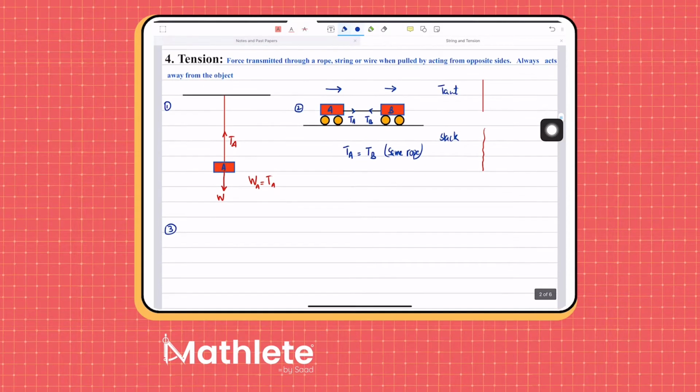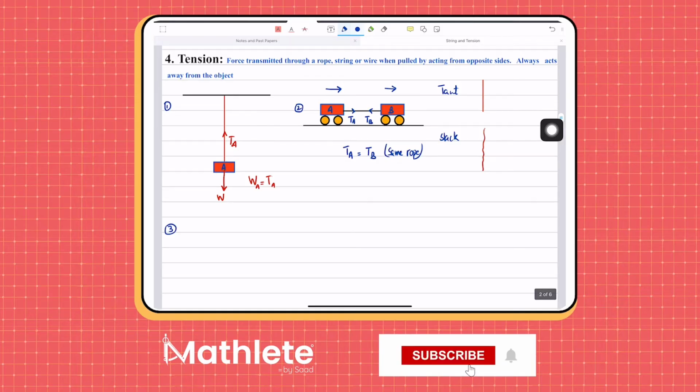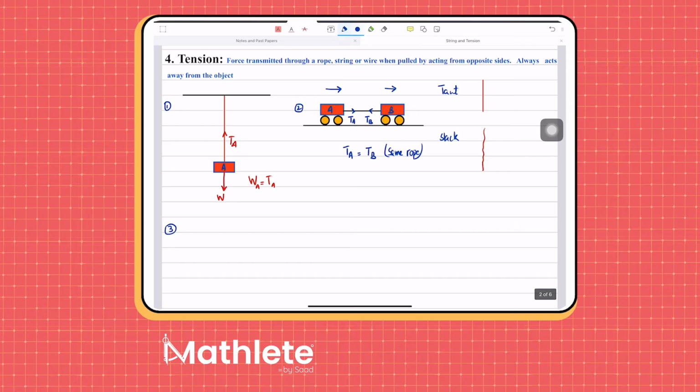If the object is moving towards the right, why is the tension's direction also towards the direction of the motion? So basically think about it this way. There is some force that's pulling this.